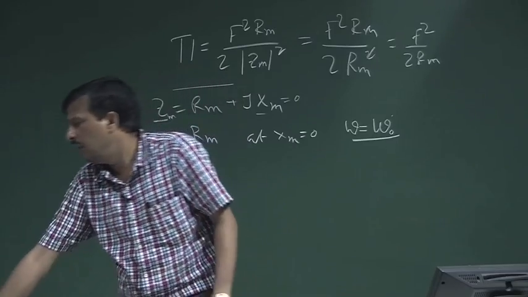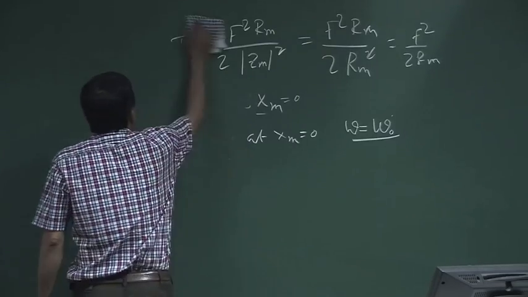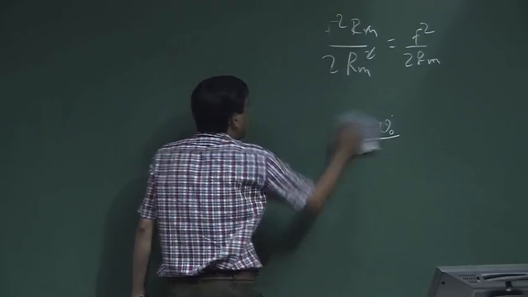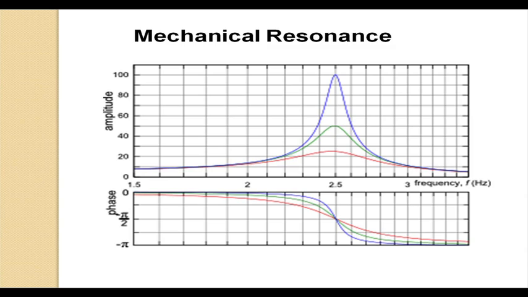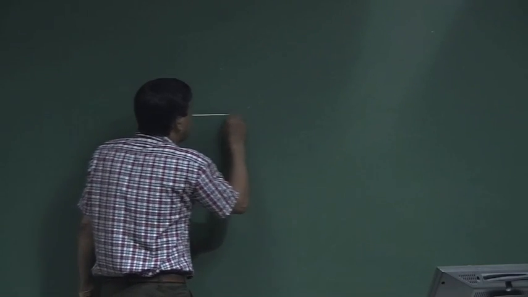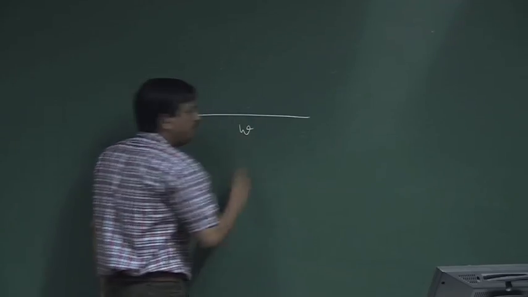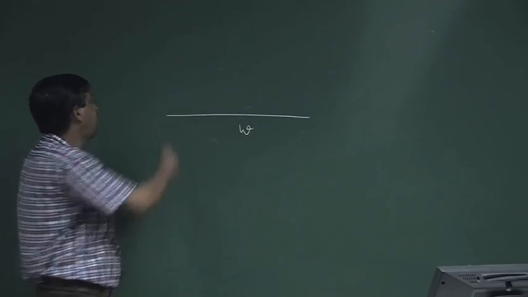Now, I said that with mechanical resonance, maximum power transfer will happen at omega equal to omega 0. If I draw the maximum power transfer curve, as you can see in the PowerPoint, this axis is omega and this axis is the power.